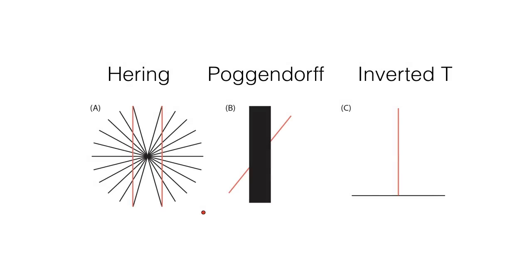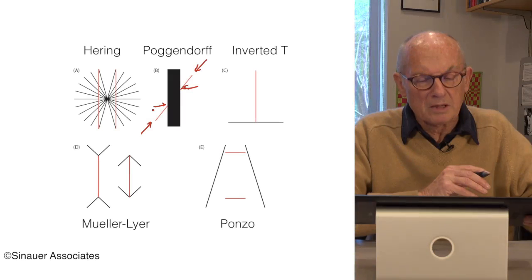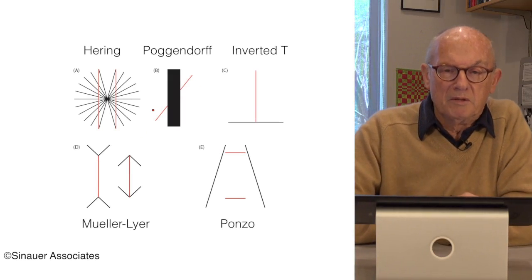The Poggendorff effect is that when you look at a line, and this is a collinear line, that is, it's the same line going behind the occluding black bar and coming out on the other side from the black bar, the entrance point and the exit point don't look exactly the same. This point looks as if it's coming out a little higher along the length of the occluding bar than the entrance point here. So that discrepancy is referred to as the Poggendorff effect.